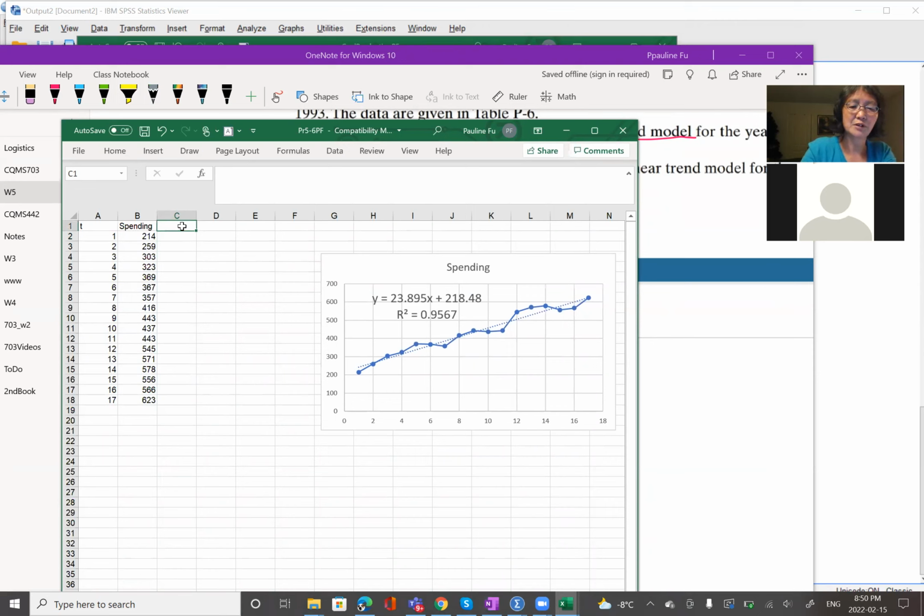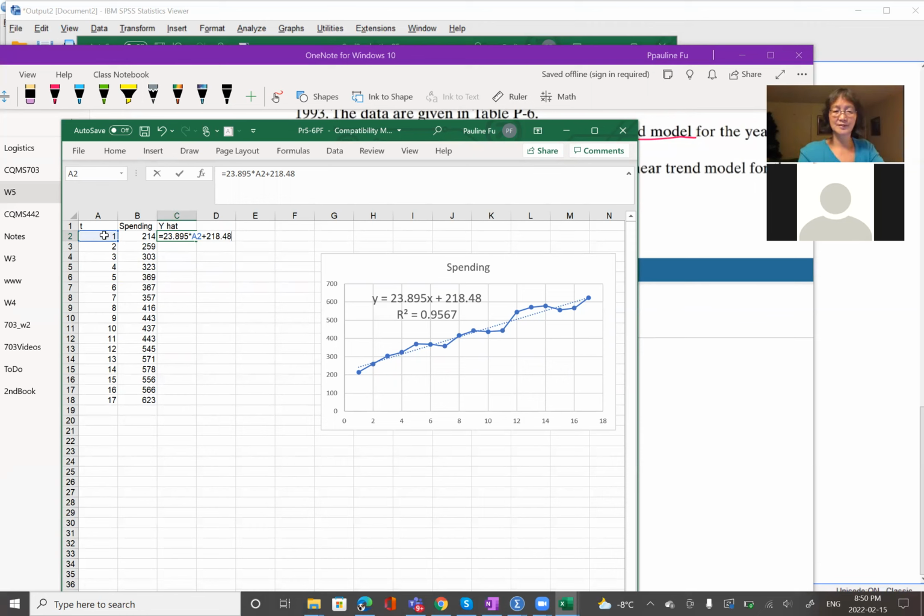So actually you are computing y hat. Okay. So y hat equals 23.895 times x, x is t, plus 218.48. That's it.